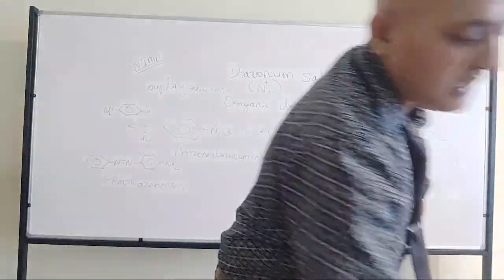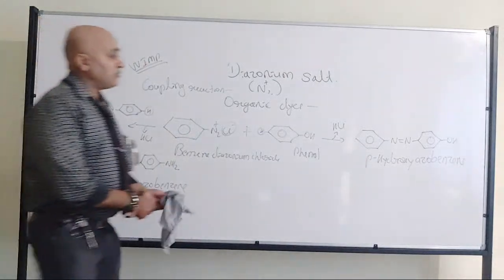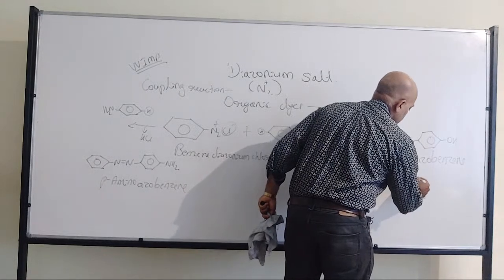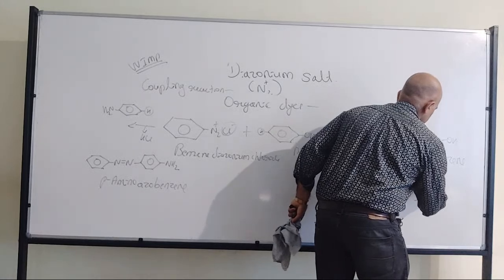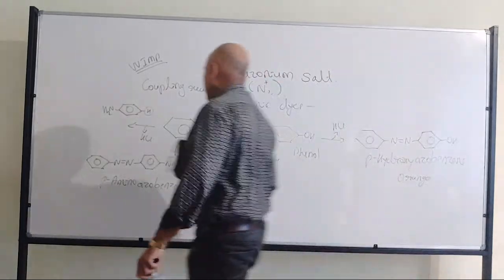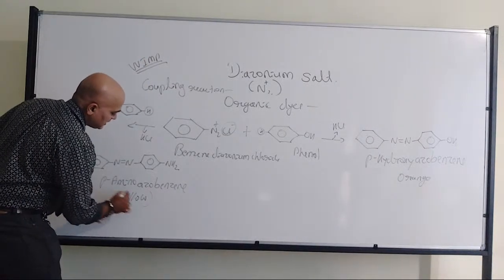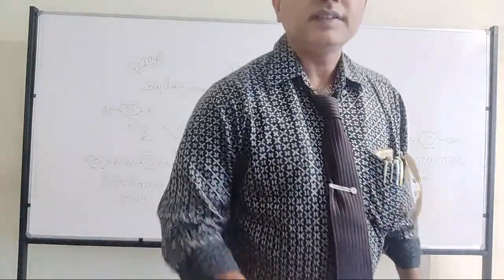That's where we have the condition. Okay. Now this will have the orange color, orange crystals, and this will have the yellow color. So like this we have different coloring compounds or crystals.